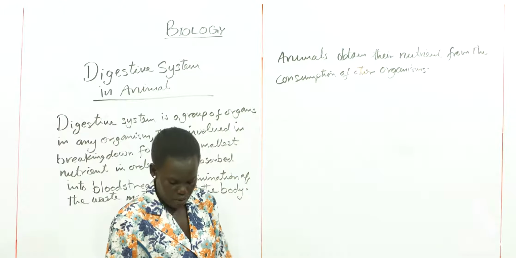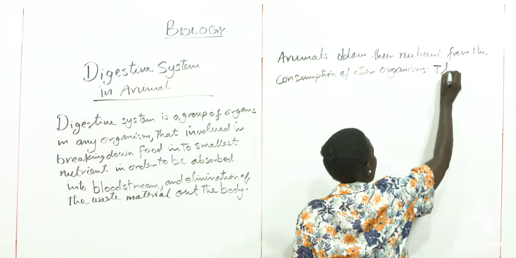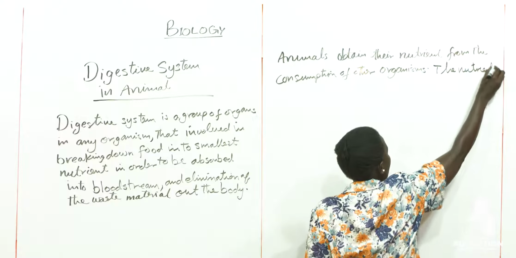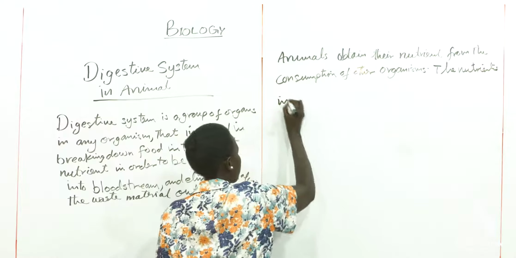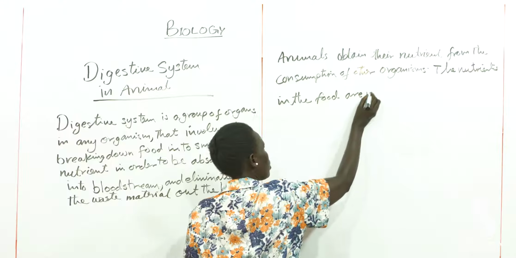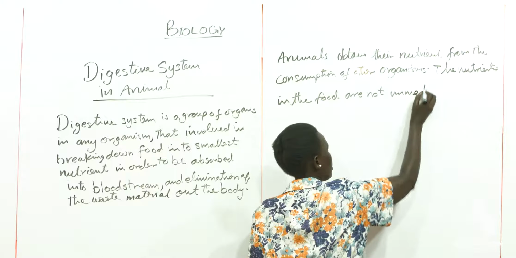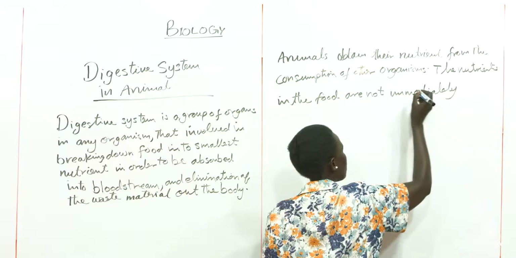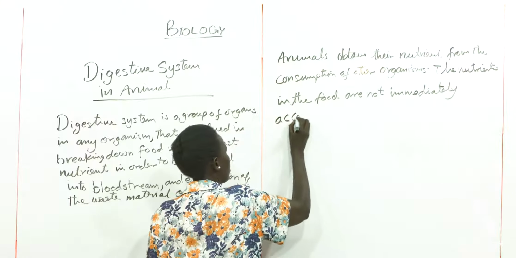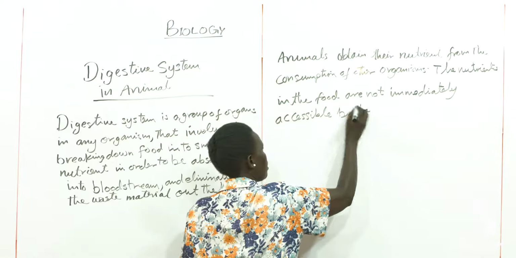The nutrients present in the food are not immediately accessible by the cell.